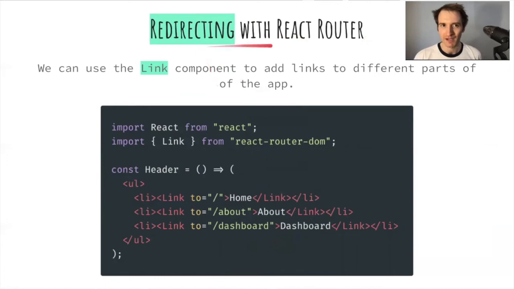Another thing to note with React Router is that we can also link between different pages using the Link component from React Router DOM. So the way that this works is that we just need to put in the route that we want to link to in the to field.